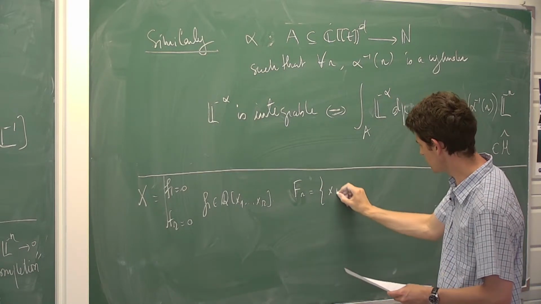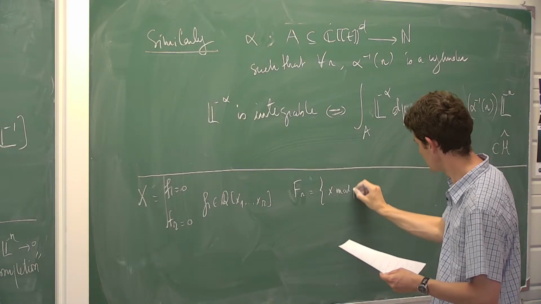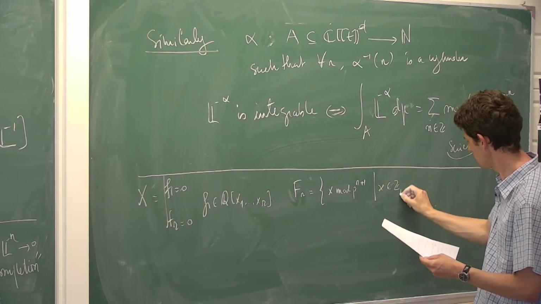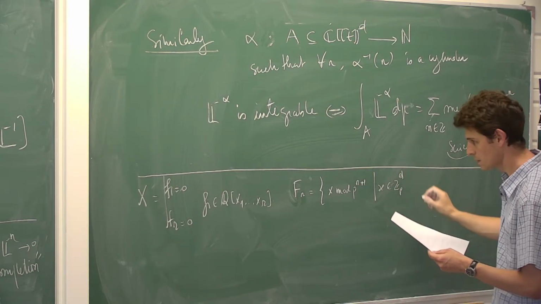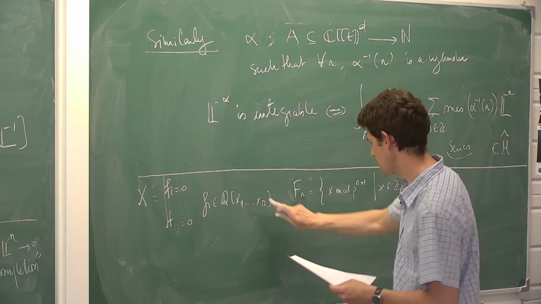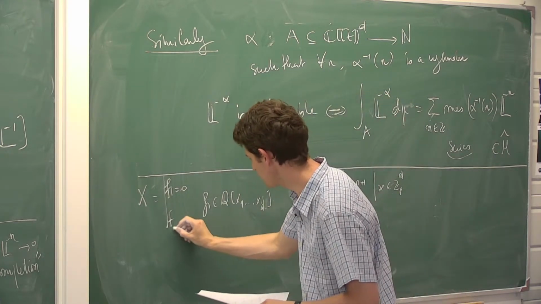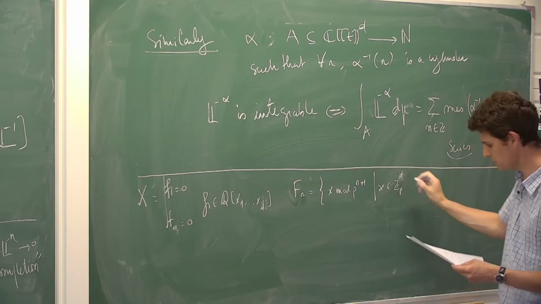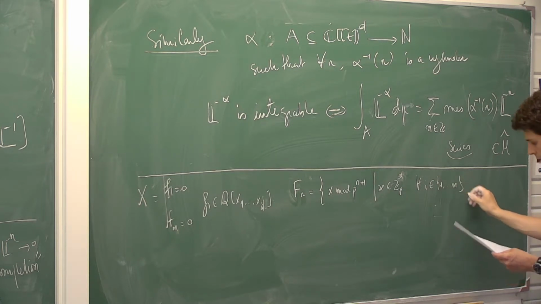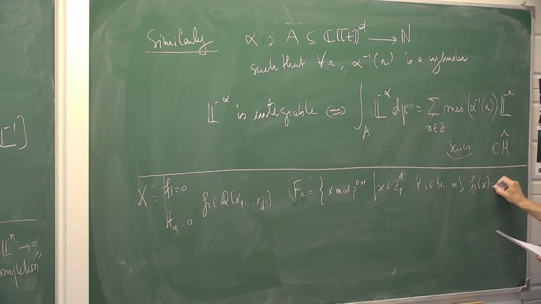The set of elements such that, so here, I live in, here I have a D, here I have M, here I have a D, modulo Pn plus 1. So at the beginning, we consider something like that.